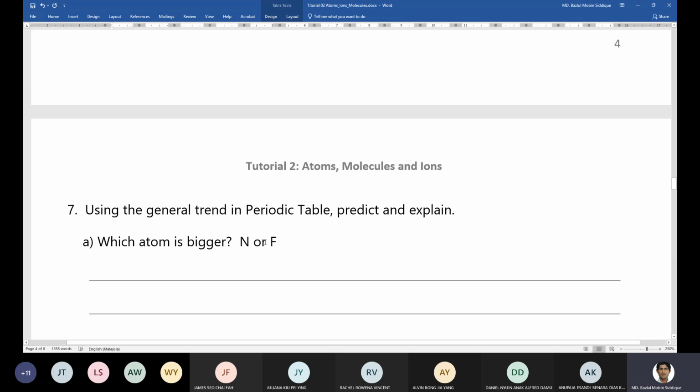Mohammad Taha, sodium. Okay. Anyone else? Oh, sorry, it is not sodium, it is nitrogen. Is it nitrogen or fluorine? Yes, nitrogen. Thank you. Nitrogen or fluorine?